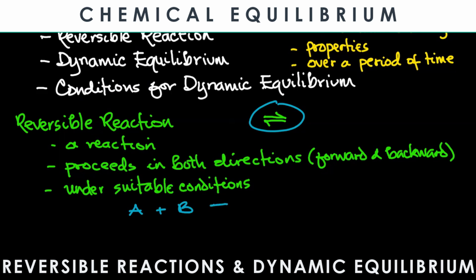So if you have, let's say, a hypothetical reaction, A plus B giving us C, that is a forward reaction. It's one directional. It means that this reaction will go toward completion. It cannot reverse. However, you can also have C giving us A plus B. Now, these two reactions are both one directional.